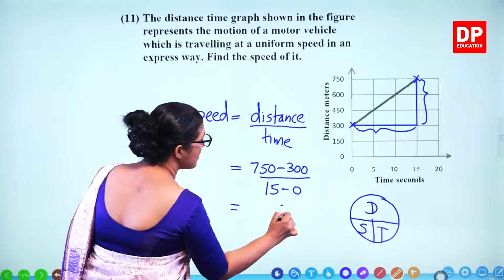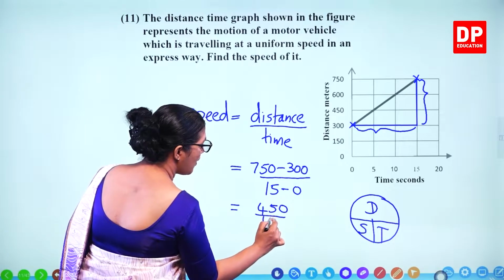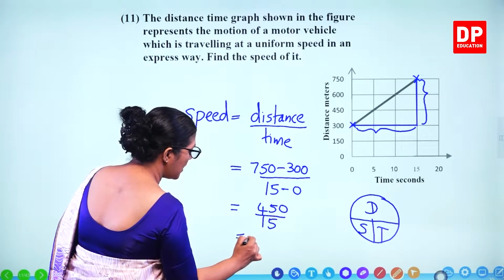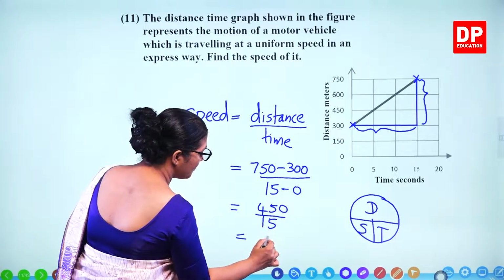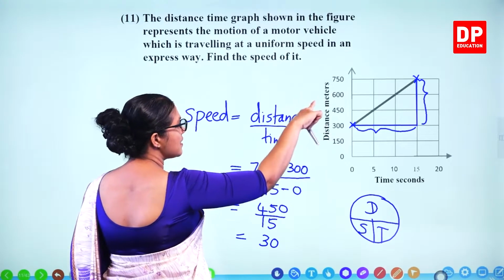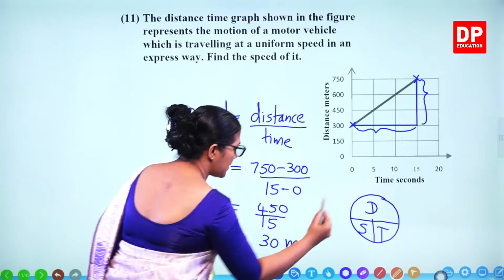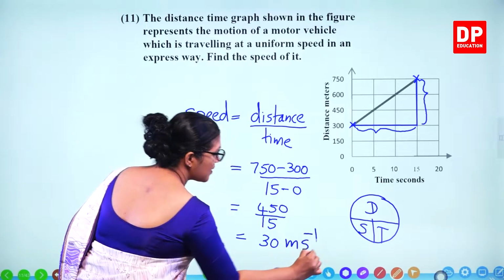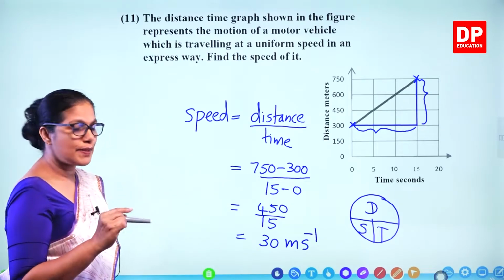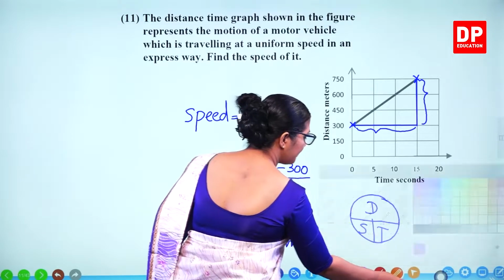So you get 450 divided by 15. That's 30 meters. Meters is the distance and the time is seconds. So per second. This is how you write meters per second. 30 meters per second. So 2 marks for that.